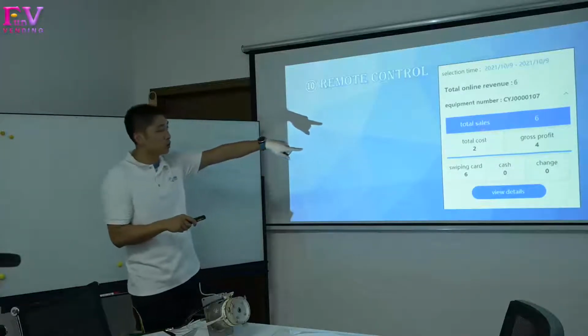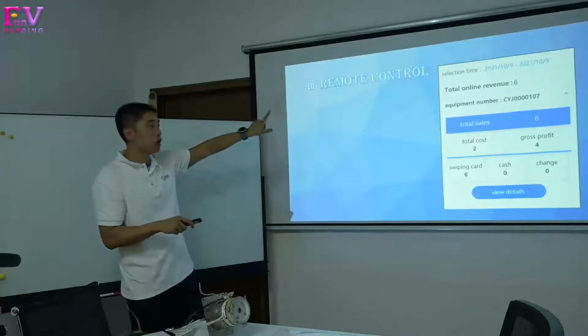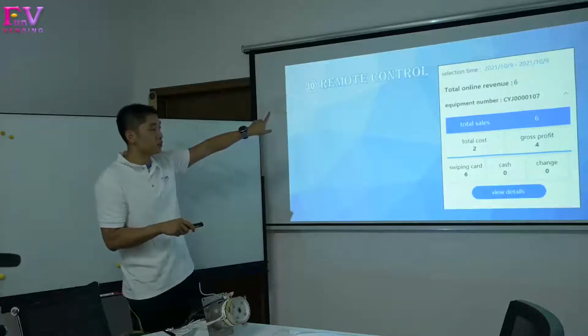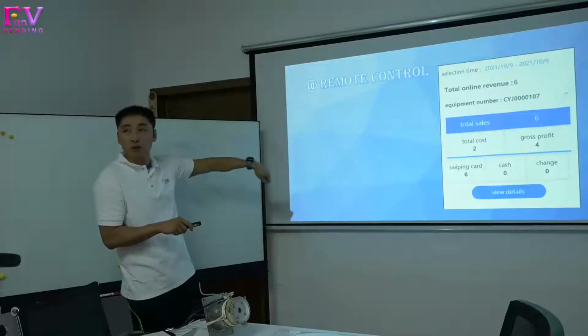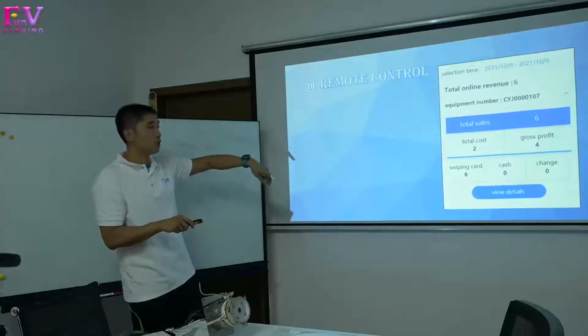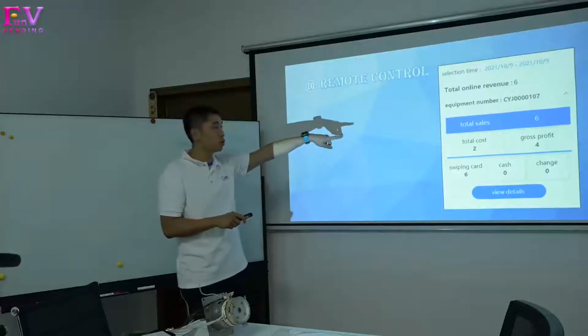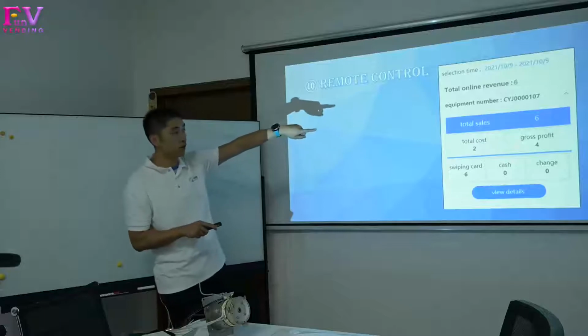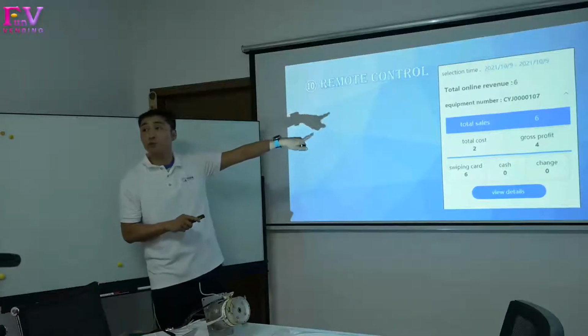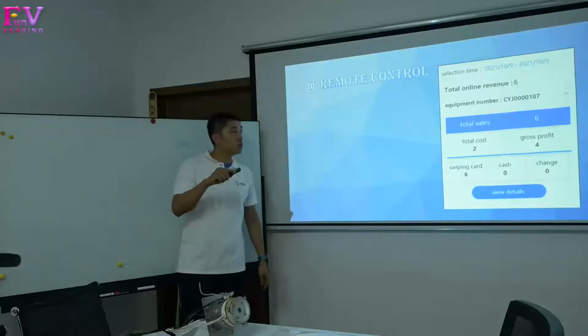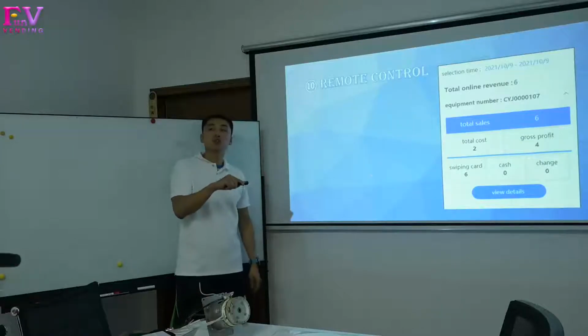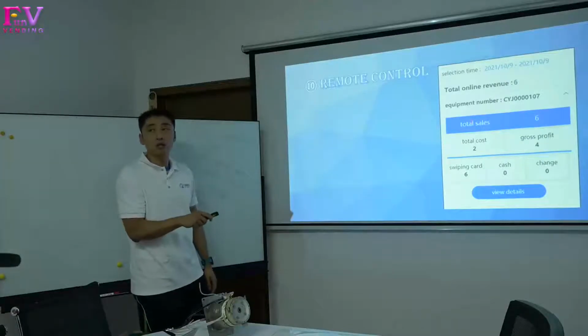For 6 pieces by swipe card, that is 6 times. Your basic cost is only $2, but your gross profit is $4. So we can see this cotton candy machine is very good in revenue.